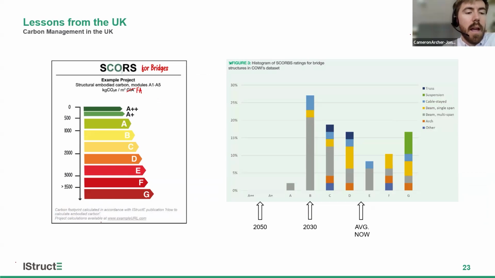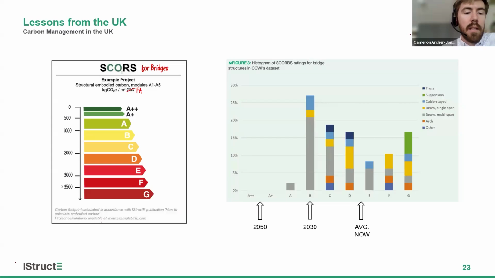You don't have to be members, and this takes that set of data and creates a very intuitive color scale where you can immediately get a feeling how good is my bridge in terms of upfront carbon with respect to a full portfolio of bridges. This being that you don't have to work for a firm like COWI to have this immediate feedback loop. So it provides something in the absence of anything else.